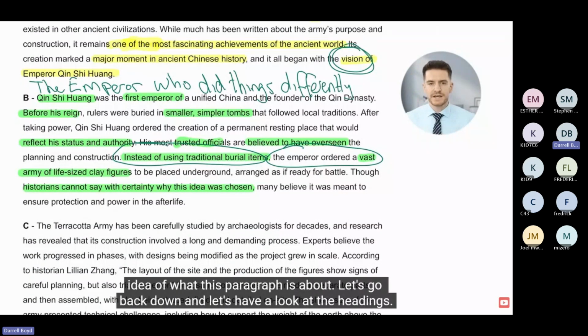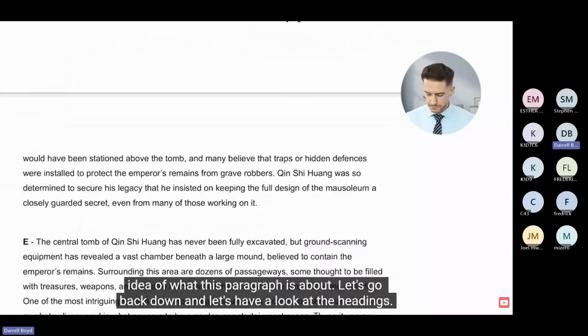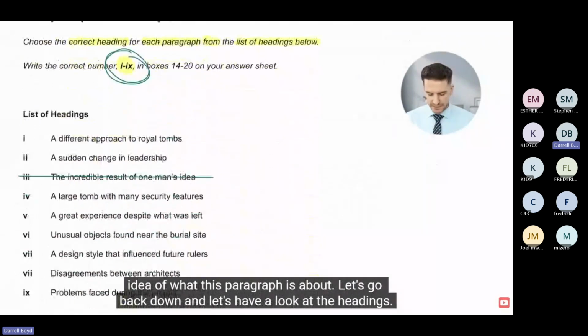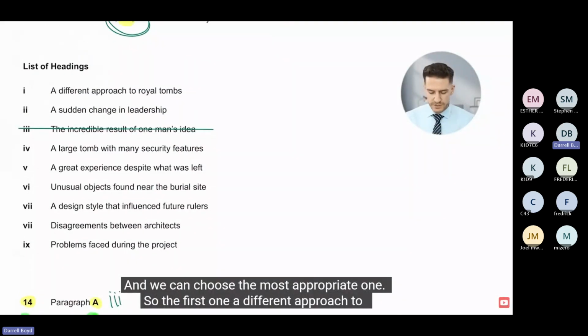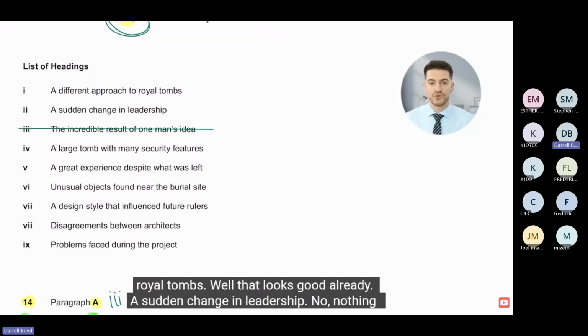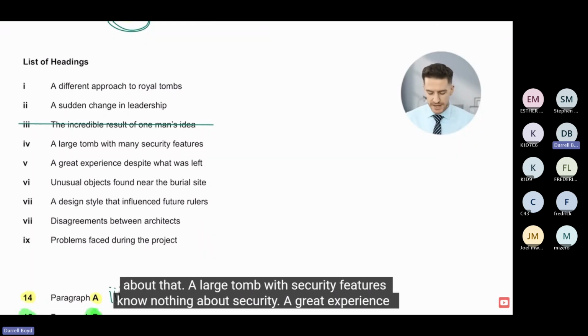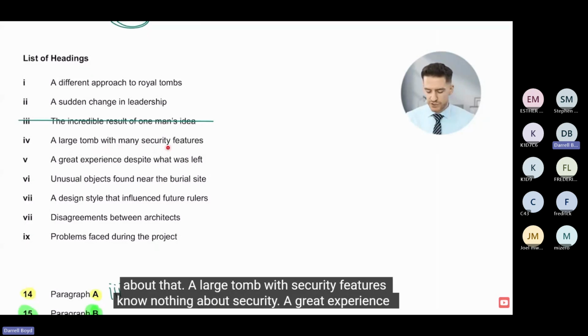So now I've got an idea of what this paragraph is about. Let's go back down and let's have a look at the headings, and we can choose the most appropriate one. So the first one, a different approach to royal tombs. Well, that looks good already. A sudden change in leadership? No, nothing about that. A large tomb with security features? No, nothing about security.